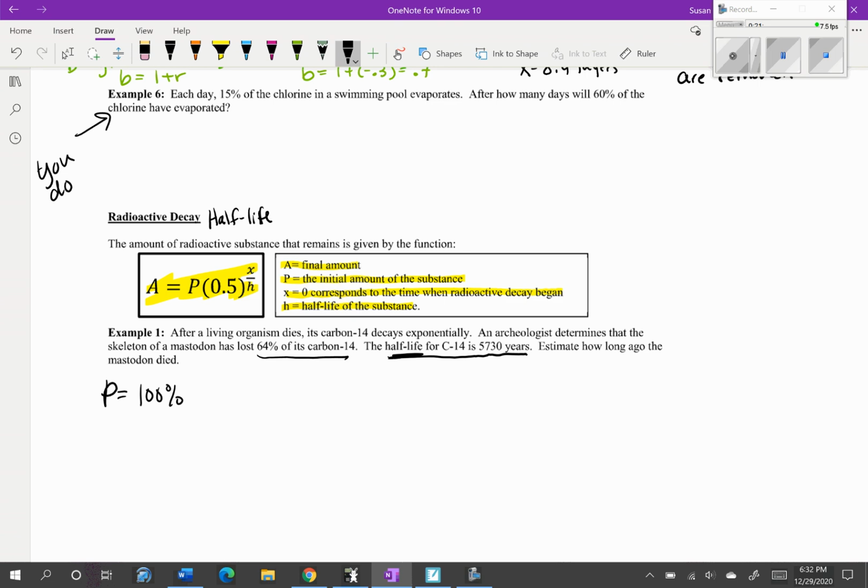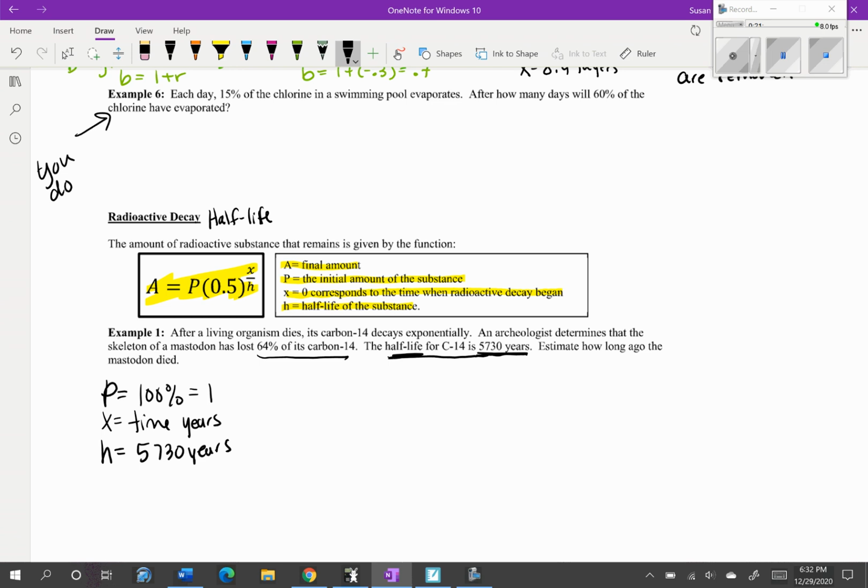So P is 1. X in this case, because it's the half-life in years, is going to be the time in years. Since our half-life is 5,730 years, H is equal to 5,730 years.